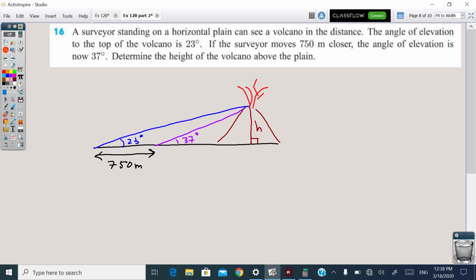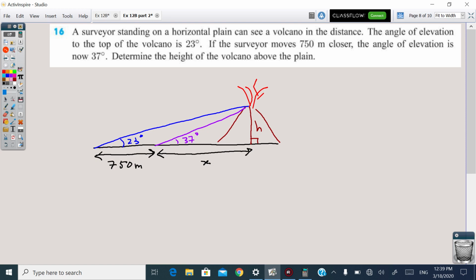Obviously, this is a technique that we need to utilize when we cannot actually measure the height of the volcano. So, what we can do is label things. I have h here, and let me say that this distance is x. So I have two triangles.